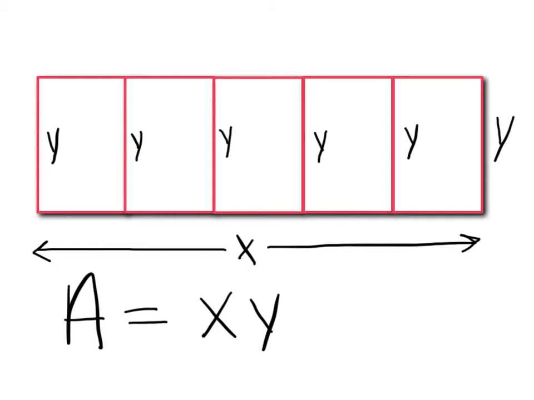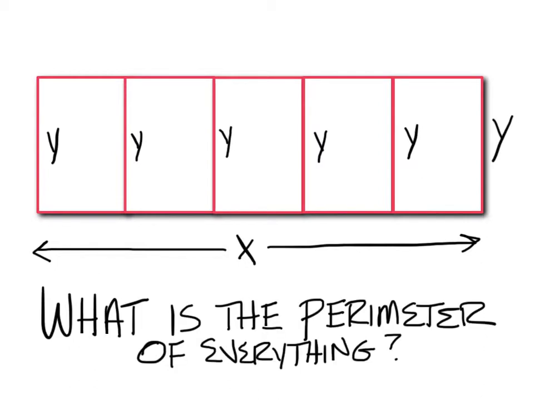And then what is the perimeter of everything? How much fencing does he have? 2,000 feet. So that would be the perimeter, and we have to come up with a formula that would express the perimeter equal to 2,000. And perimeter would be doing this and then following this, noting that you already have this side here, and then back around.